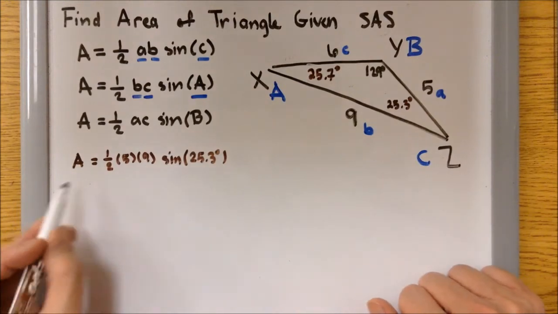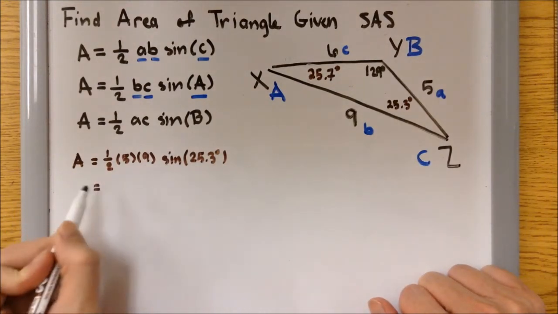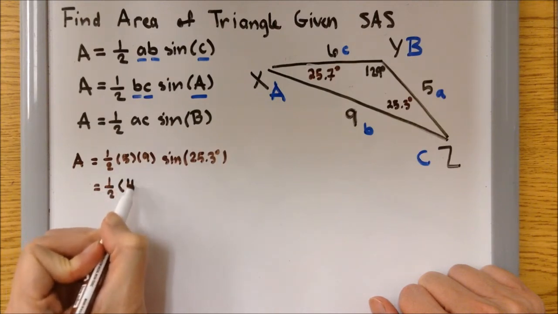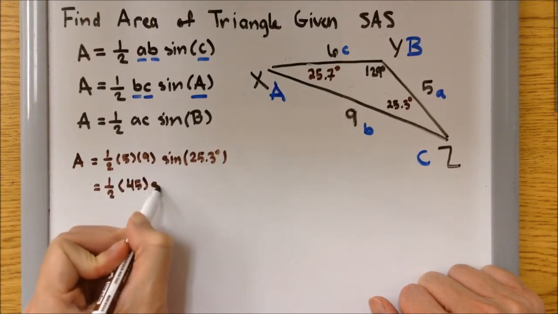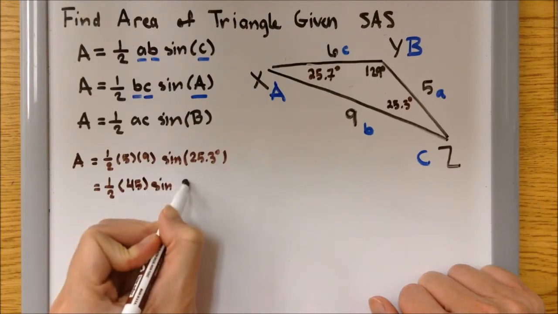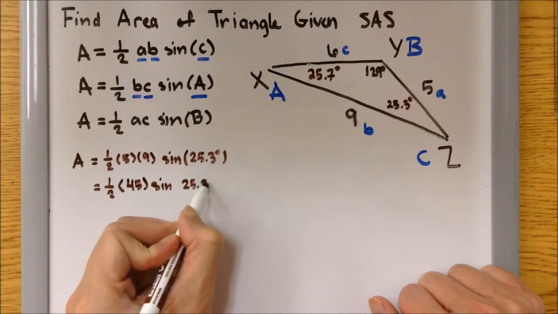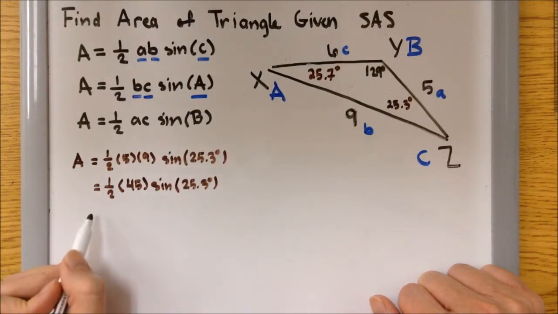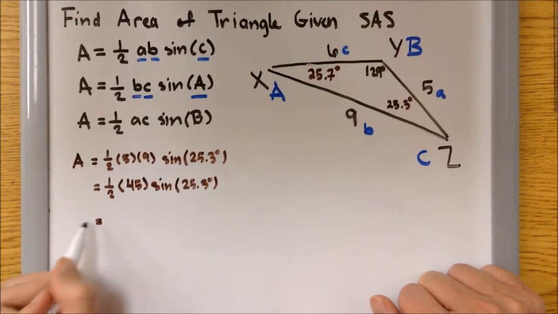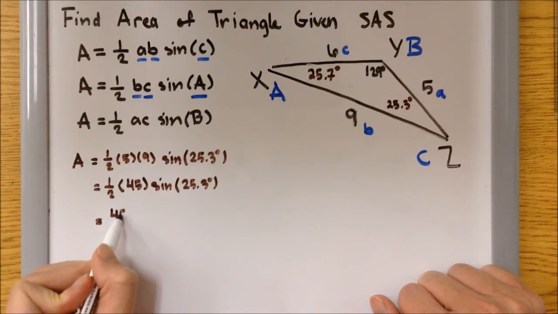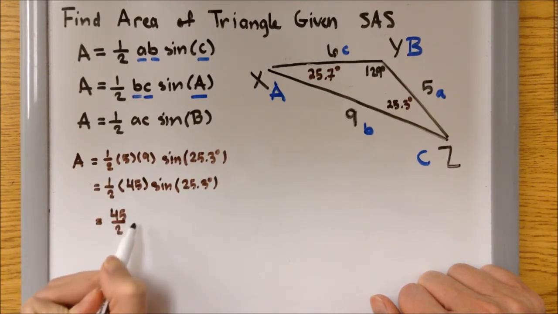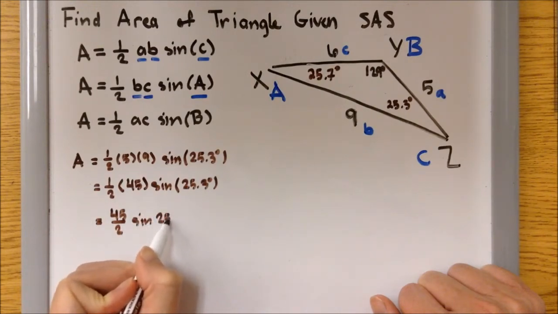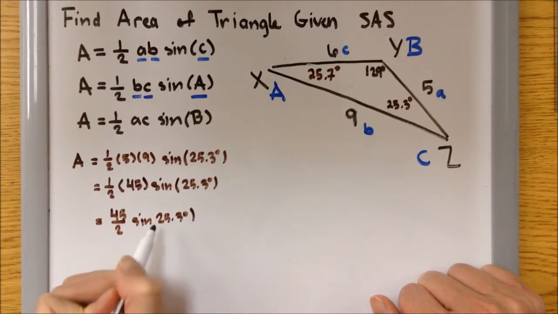Alright, so we're going to simplify the 5 times 9. So it's 1/2 times 45 times sine of 25.3 degrees. And then from the 1/2 times 45, it would be simply 45 over 2 times sine of 25.3 degrees.